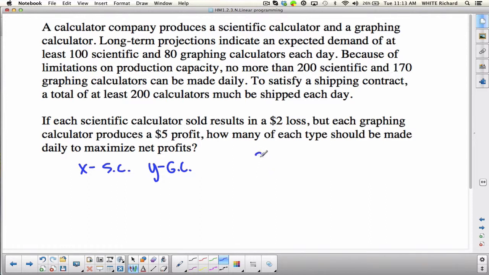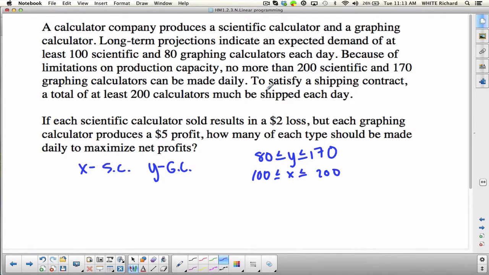So 80 is less than or equal to Y is less than or equal to 170. And for scientific, we have 100 less than or equal to X is less than or equal to 200. So between 100 and 200 scientific calculators and between 80 and 170 graphing calculators.